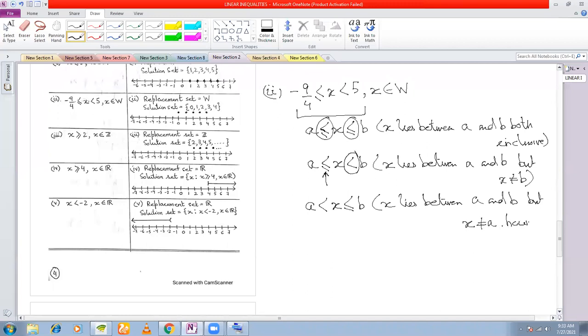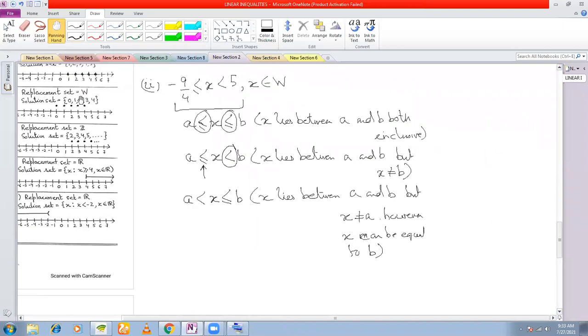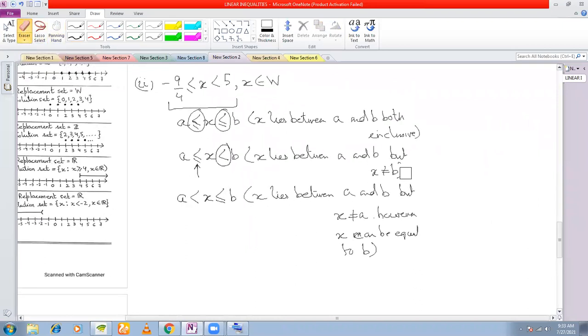However, let me write here, x can be equal to b. And here I have not written it, but it goes without saying that x is not equal to a, but x can be equal to b.